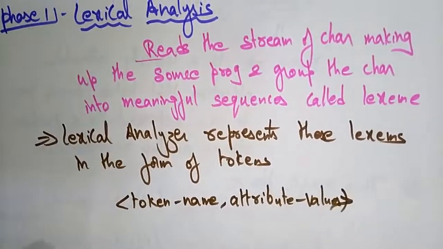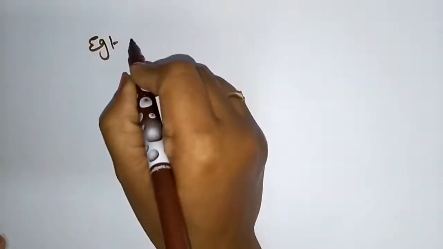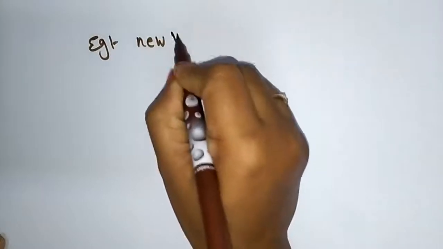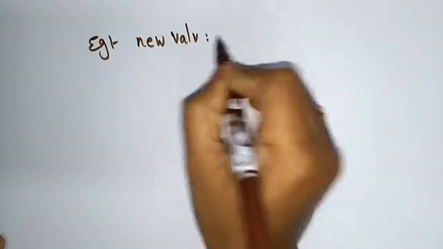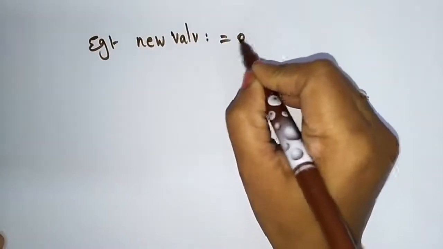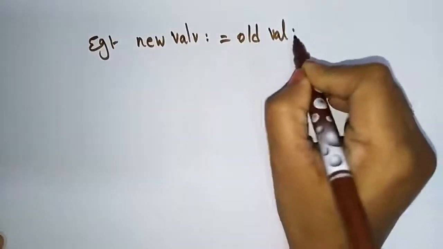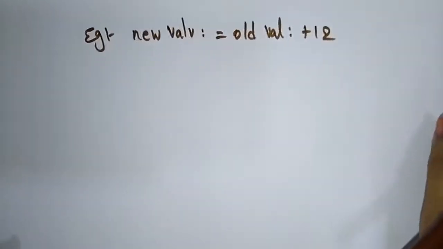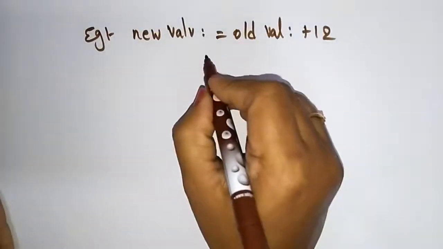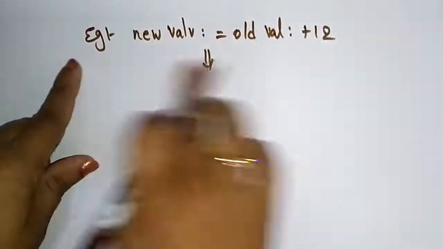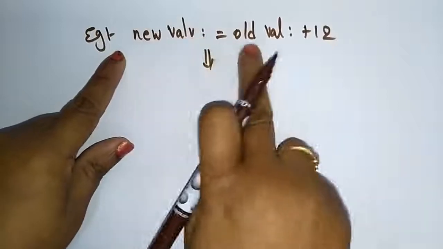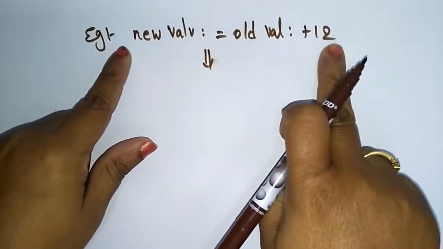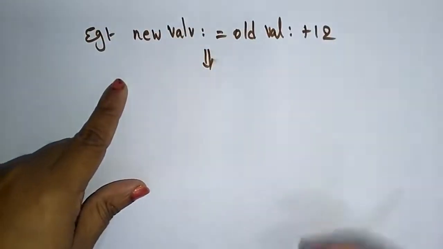Let me take one simple example of how a program is converted into tokens. Let's take: new value is equal to old value plus 12. This statement, consisting of a group of characters, is converted into tokens in lexical analysis.